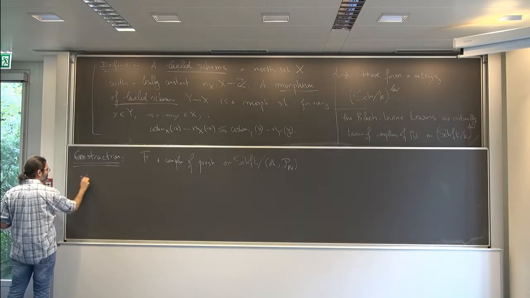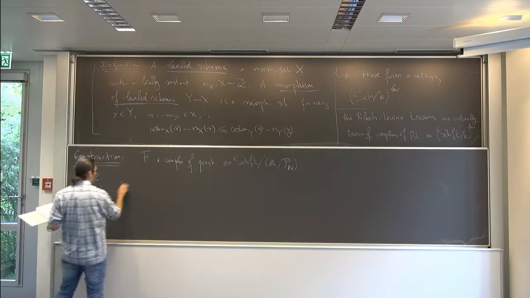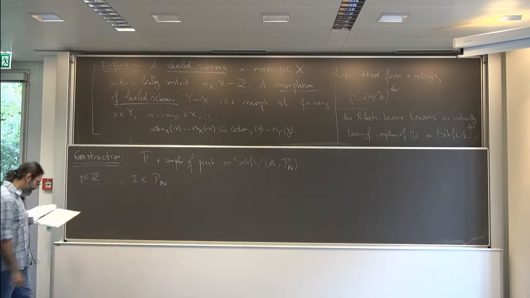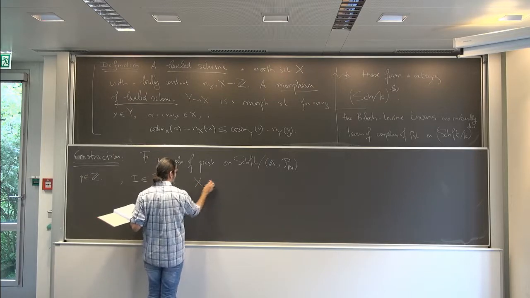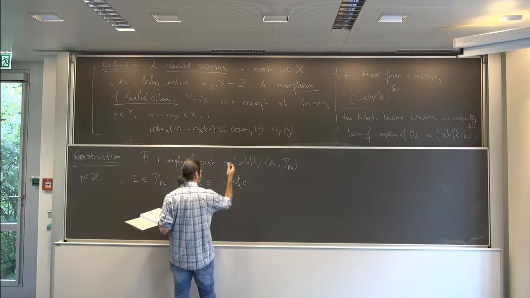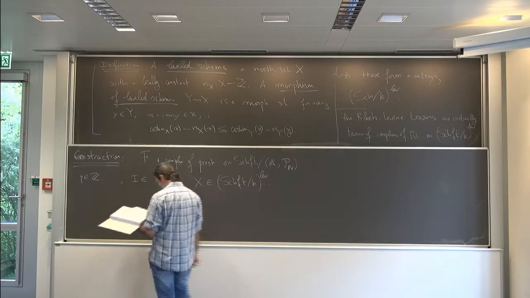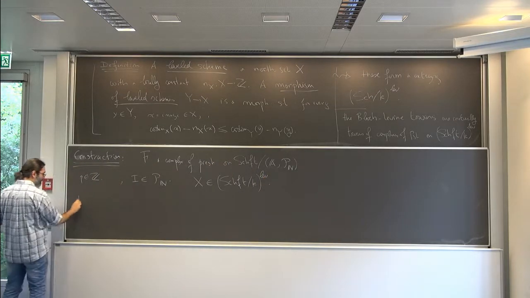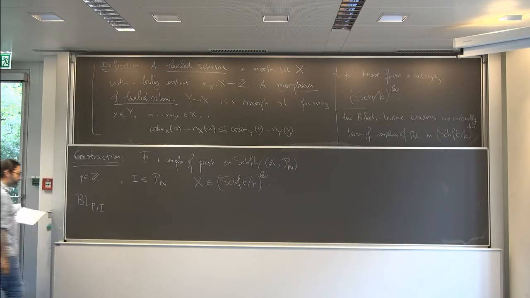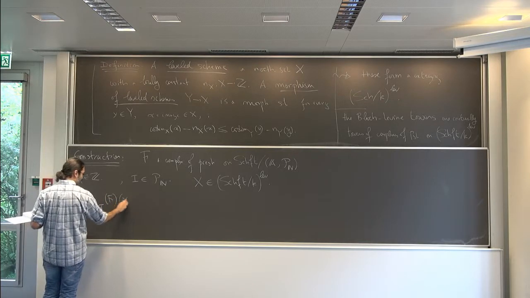Now I fix an integer p, and also let's fix a finite subset I of N, and let's also fix a scheme of finite type X, which is leveled. With this notation, I define a complex BL_p^I F at X, evaluated at X.